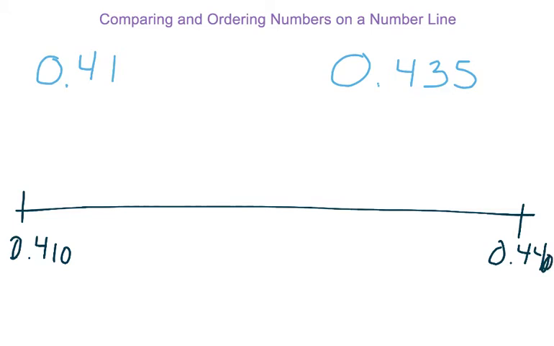So I know I have 41 hundredths, 42, 43. This will be 42 hundredths, and this will be 43 hundredths. Again, same thing as 420 thousandths and 430 thousandths.